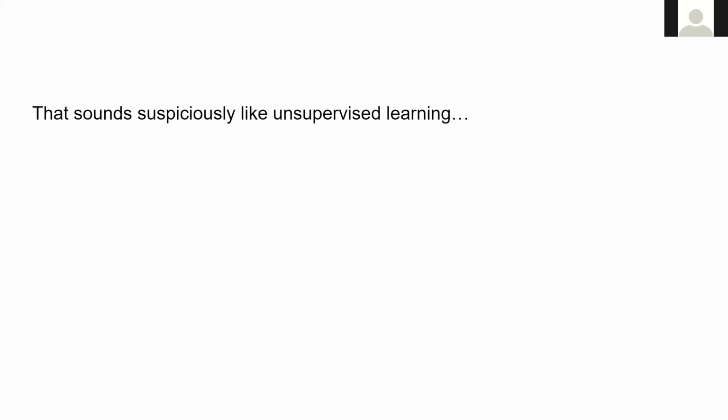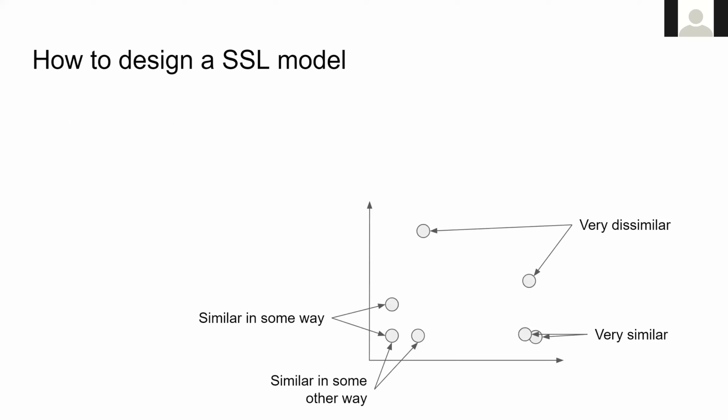But after this quite long tangent, let's go back to how a self-supervised learning model works. What steps do we need to take to build it? Now this is going to be the most tautological slide ever, because our goal here is to capture similarity and dissimilarity.